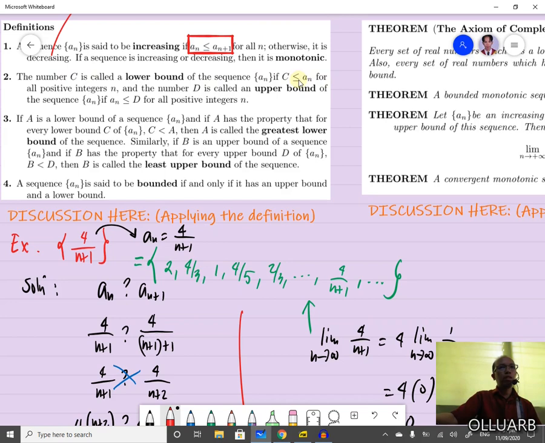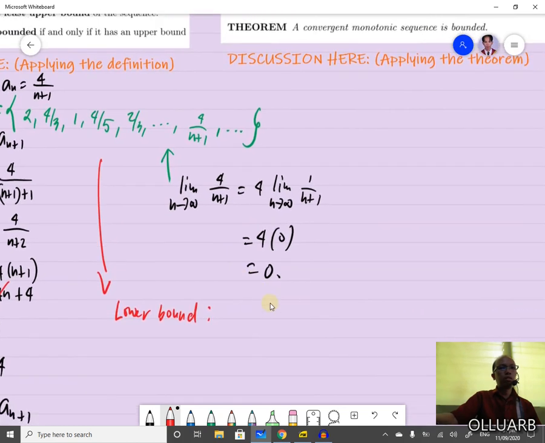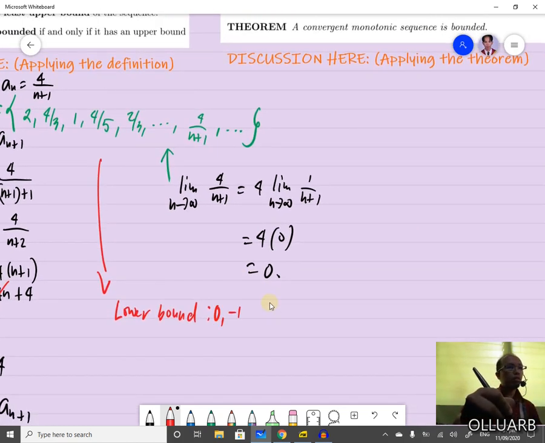It could be less than or equal to the elements, so it could be 0, it could be -1 or -2, and so on and so forth.